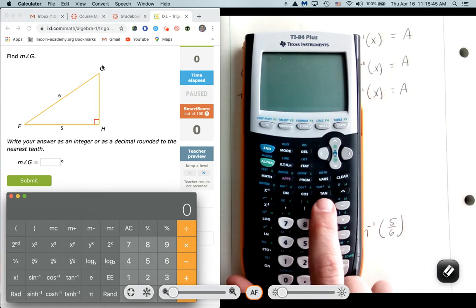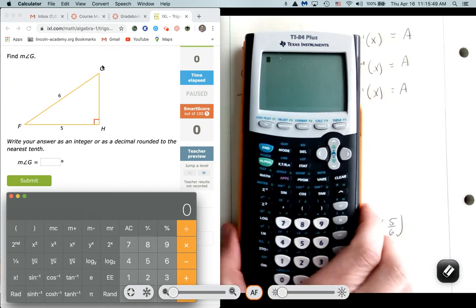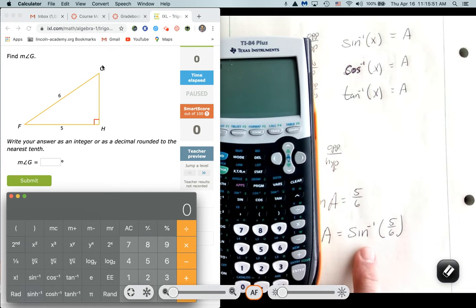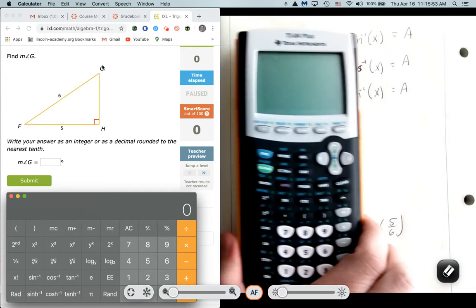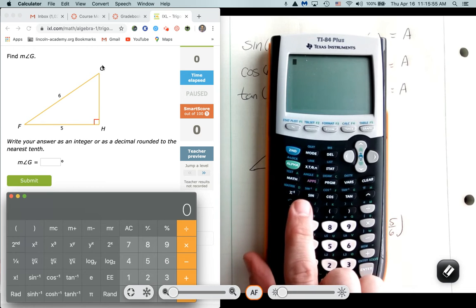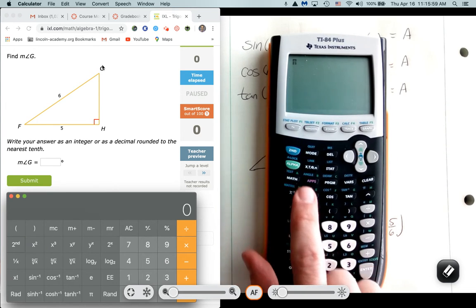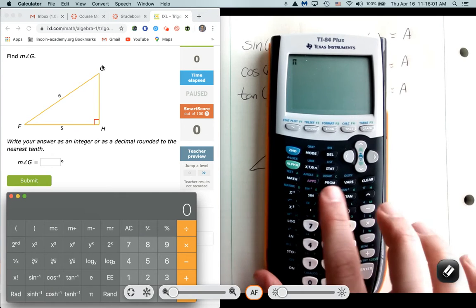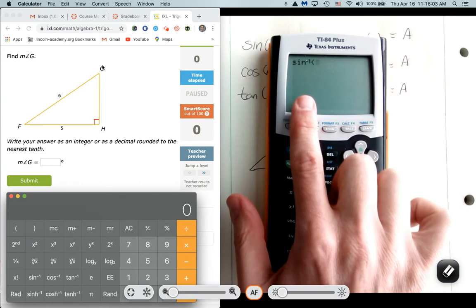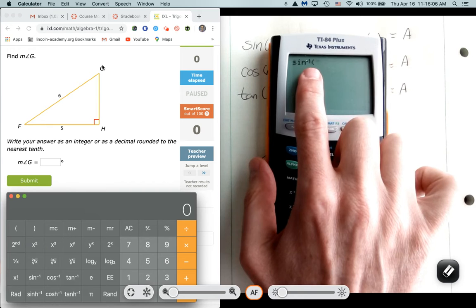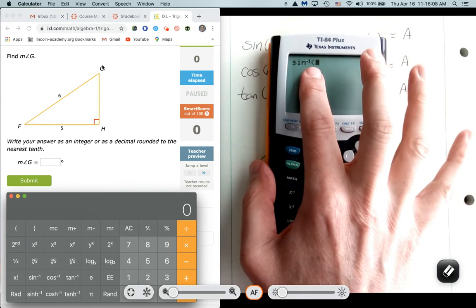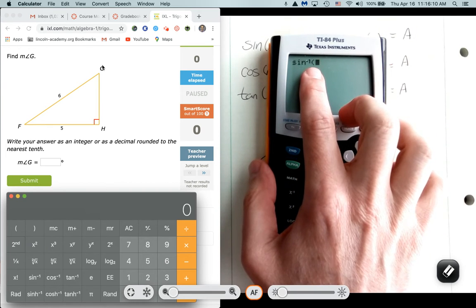Just above the tangent is a little tangent with a -1. So I want to do the inverse sine of 5 over 6. That blue is indicating I need to hit the second key. So I hit the second key, and then I hit the sine. If you look up here on my calculator, it now says sine with a little -1. That doesn't mean it's an exponent of -1. It means it's an inverse sine.